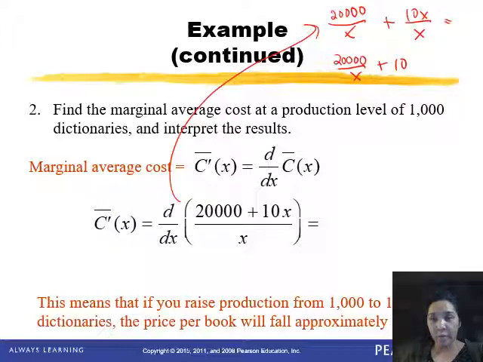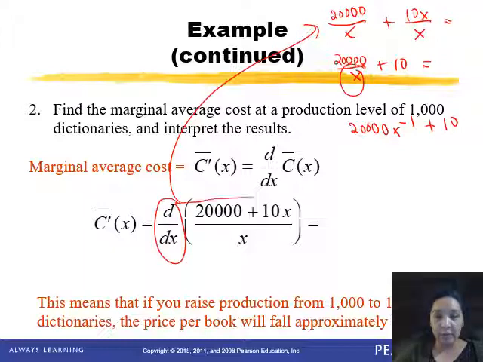And then we're going to move this up so that we can use the power rule. And so that now becomes 20,000 x to the minus 1 plus 10. And so we're actually going to take the derivative of this function right here, and we can use the power rule as well as the derivative of a constant rule.